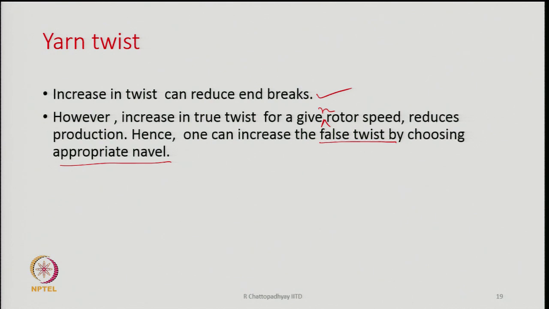So, if we increase the twist, strength may increase a bit, and therefore the breakage rate may go down, but if we try to increase twist, obviously the production rate will suffer. Generally, twist is adjusted by reducing the delivery speed, not by increasing the rotor speed, because the end breakage rate is very sensitive to the rotor speed, or in the case of ring spinning, to spindle speed.